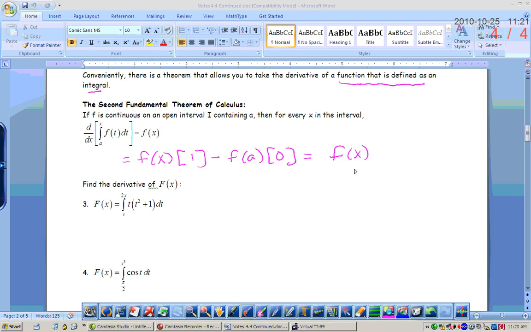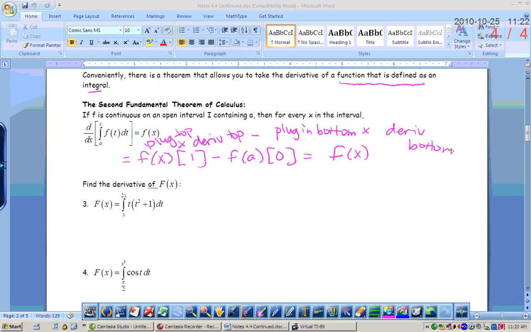So when you're taking the derivative of an integral, you plug in the top times the derivative of the top minus plug in the bottom times the derivative of the bottom.